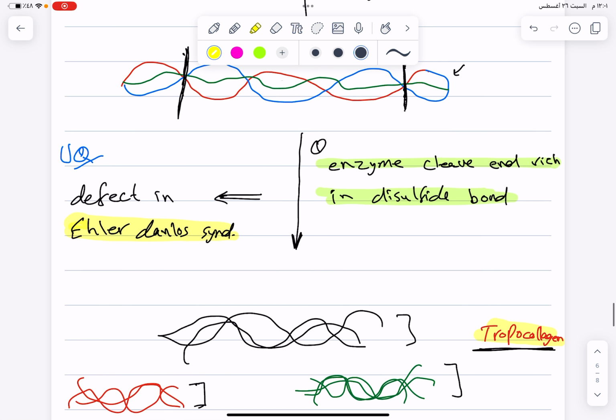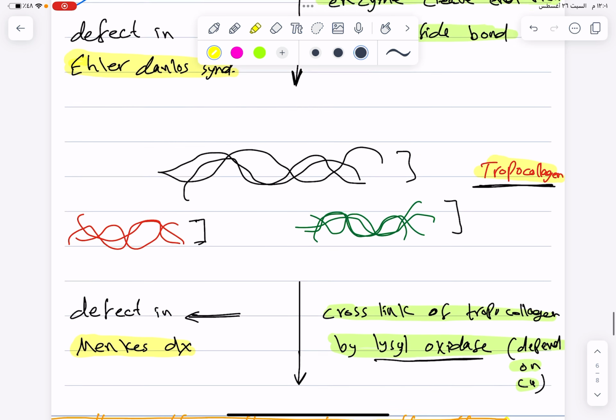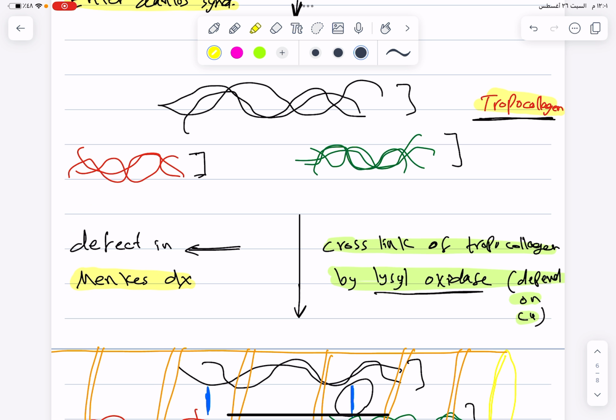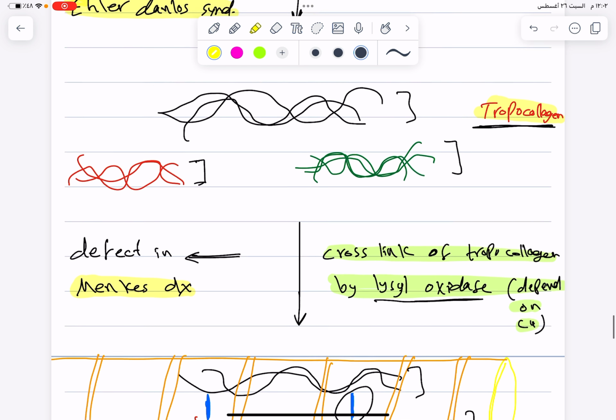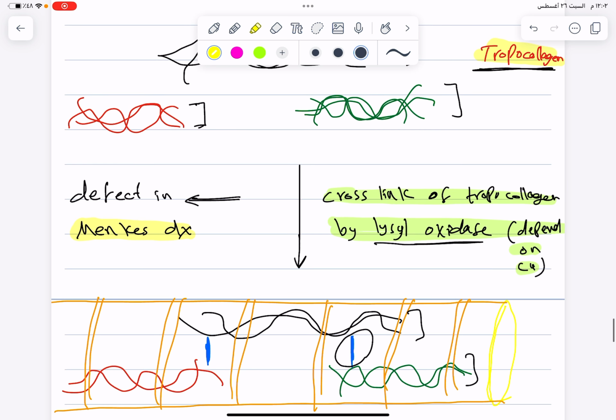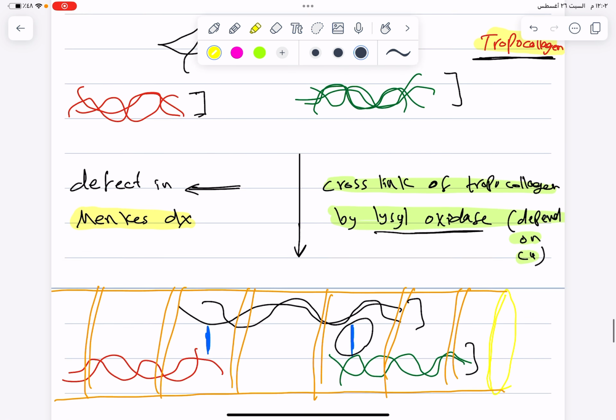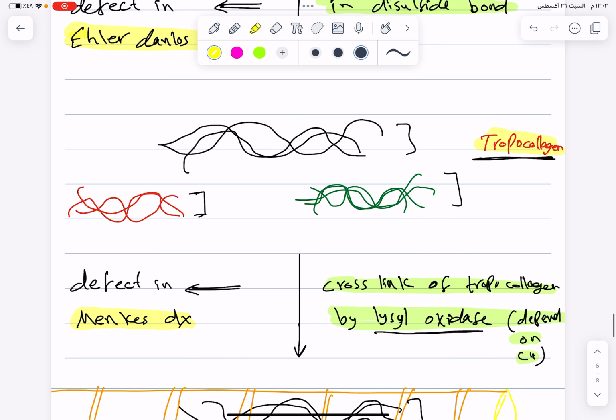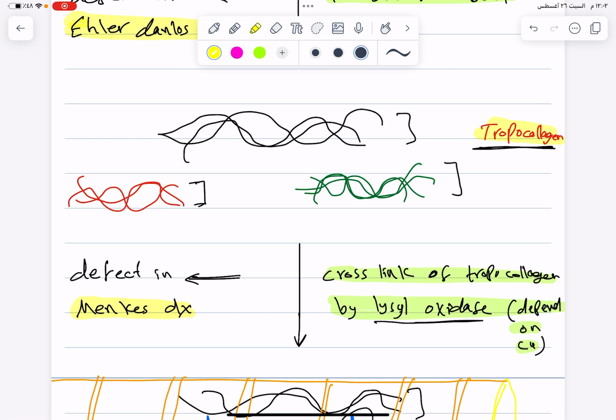If we have a defect in enzyme cleavage of the triple helix at the disulfide bond, we will have Ehlers-Danlos syndrome. If we have a defect in cross-linking of tropocollagen, we will not form the collagen fibrils, which occurs in Menkes disease.